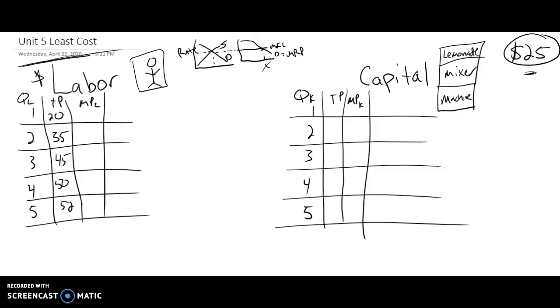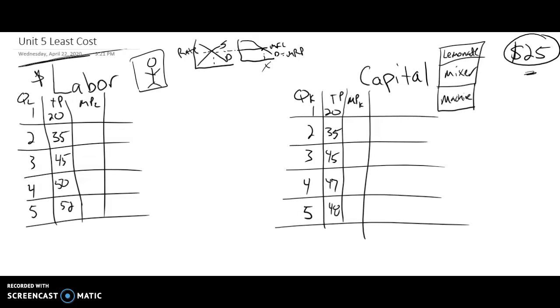And for capital, our total product is going to be 20 and 35 and 45 and 47 and 48.